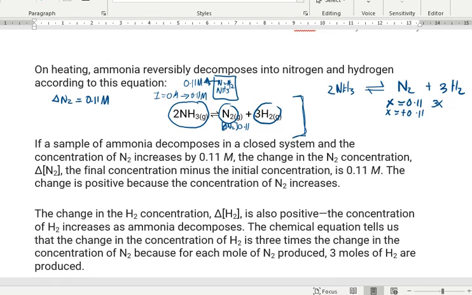The concentration of H2 at that point should be 3 times the concentration of N2, and this will also be a positive value, because H2 is formed. For NH3, this would mean we have negative 2x at time t, okay?